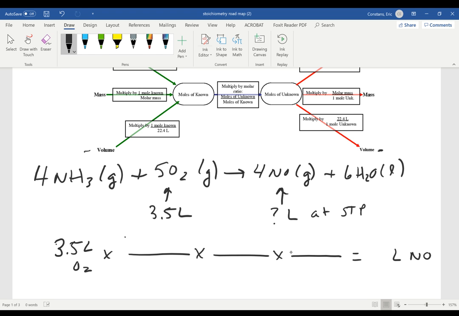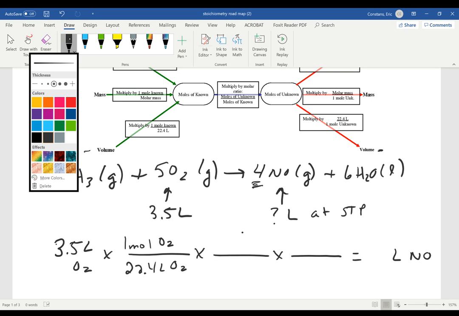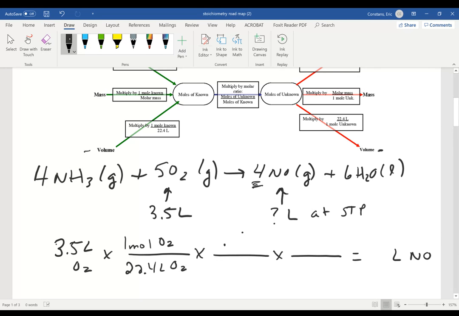We're going to write 1 mole of oxygen over 22.4 liters of oxygen. And then our mole ratio, remember for our mole ratio, we want the coefficient in front of our nitrogen monoxide.